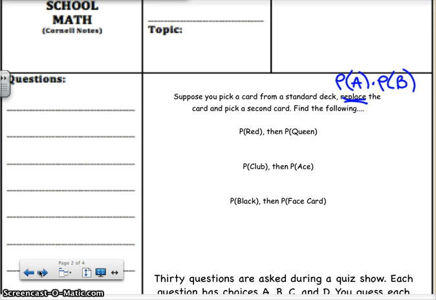In a deck? Half. Half are red, half are black. 1/2. The probability of queen, 4 out of 52, 1/13. Top times top over bottom times bottom. So my probability of drawing a red, then a queen, is 1/26.